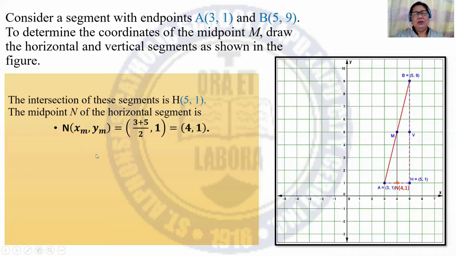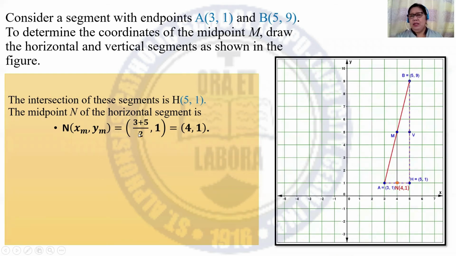The intersection of these segments is H with coordinates (5, 1). The midpoint N of the horizontal segment has coordinates (x sub m, y sub m), which is (3 plus 5 over 2, and the ordinate is 1).